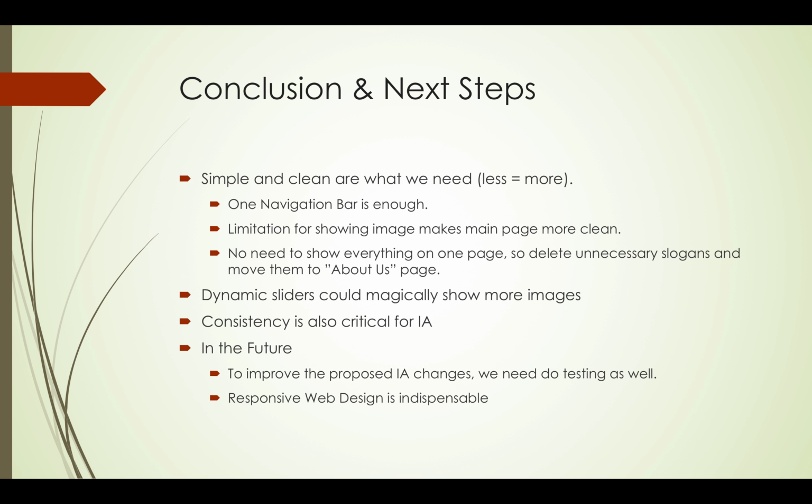I think one navigation bar is enough versus two. The limit on showing images makes the main page cleaner, and there's no need to show everything on one page. So I deleted all unnecessary slogans and moved them to the About Us page. I also added dynamic sliders, which can show more images.